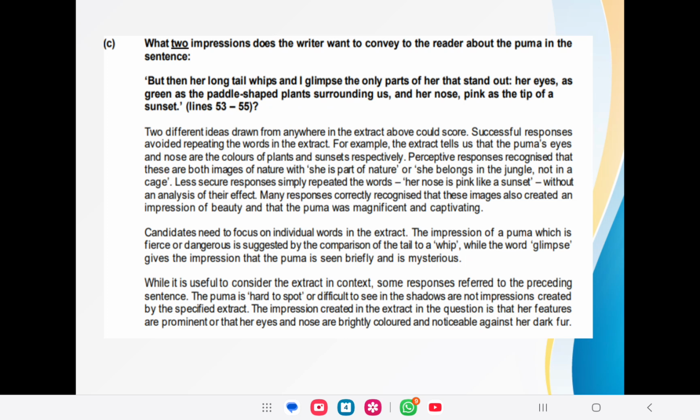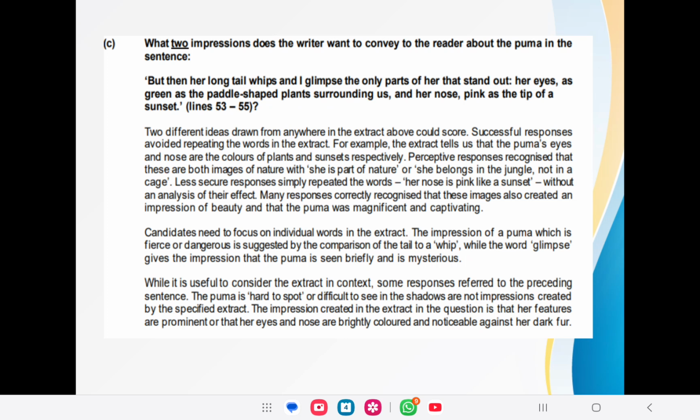While it is useful to consider the extract in context, some responses refer to the preceding sentence. The puma is hard to spot, or preceding, that means it is not written in the text but it is written in the previous part of the text that is not mentioned here. So you can go to that to understand this line completely.